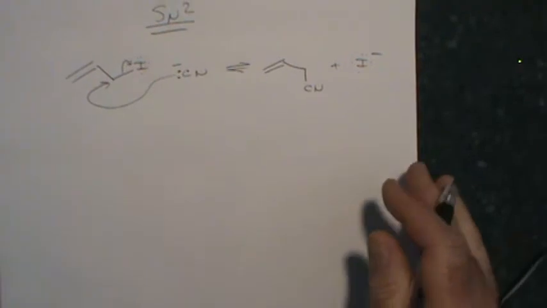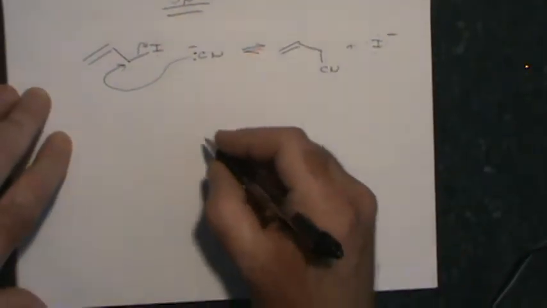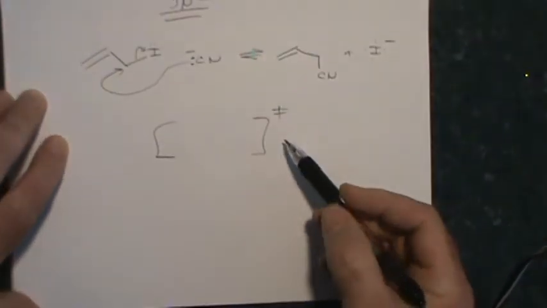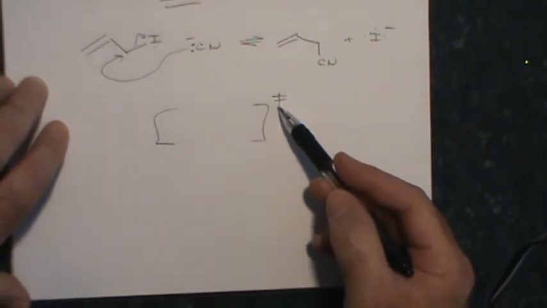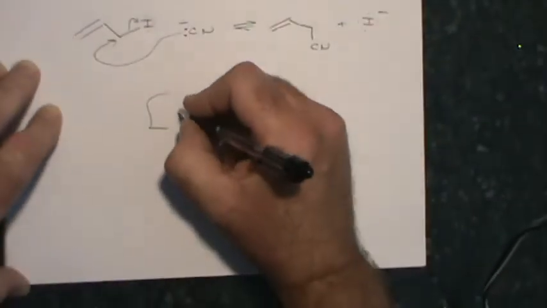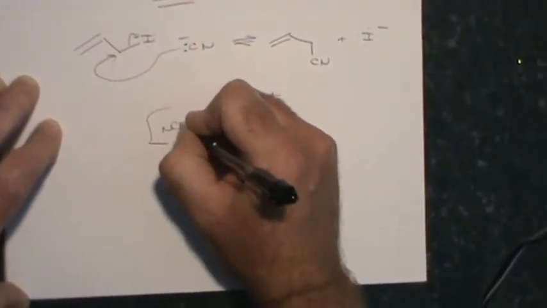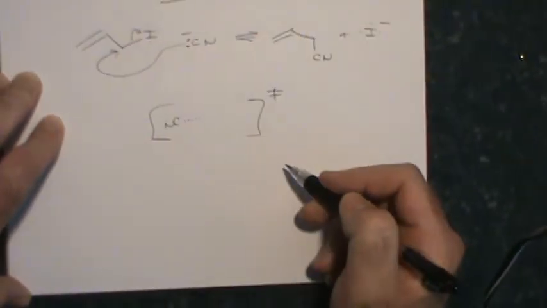This reaction doesn't involve carbocations like the prior reactions did, but if we think carefully about the transition state, remember, if we're going to draw a transition state, we show a transition state symbol, which is this double dagger symbol, in the upper right-hand corner outside of brackets. And what we're going to do is we're going to take our cyanide anion and we're going to watch it as it approaches this carbon right here.